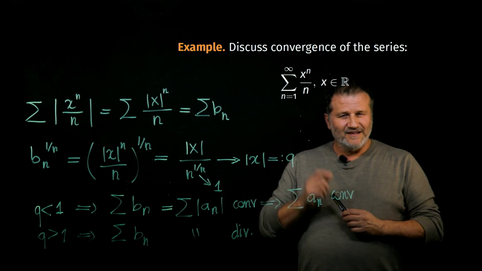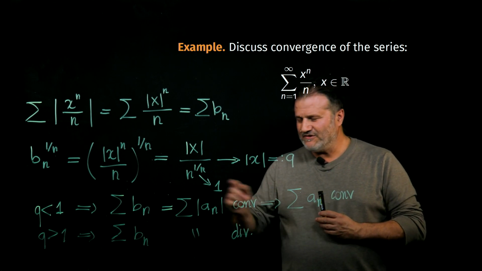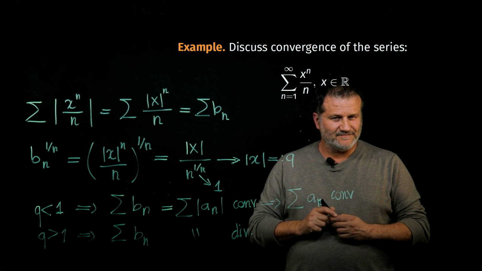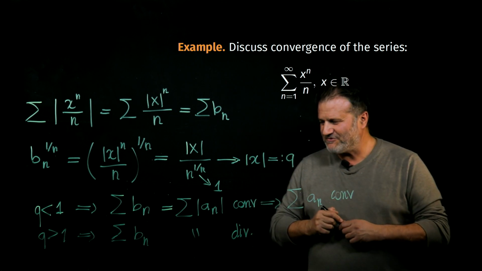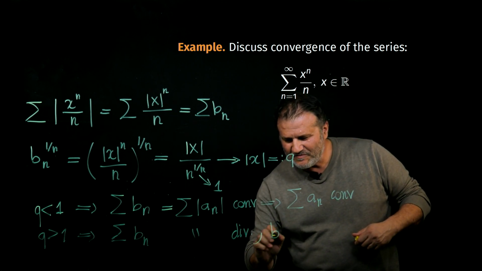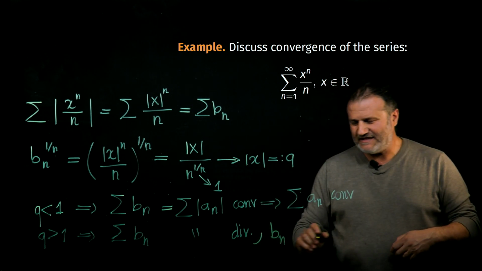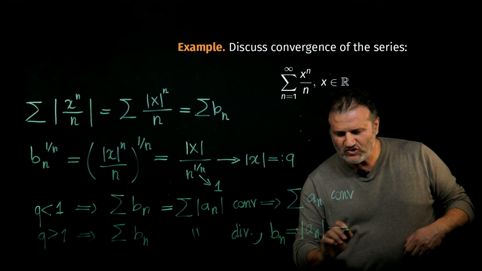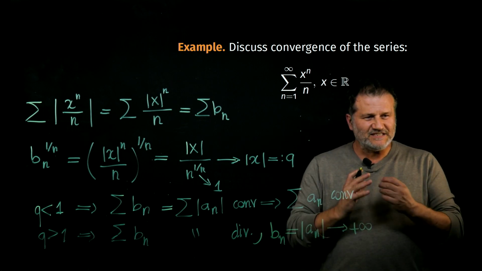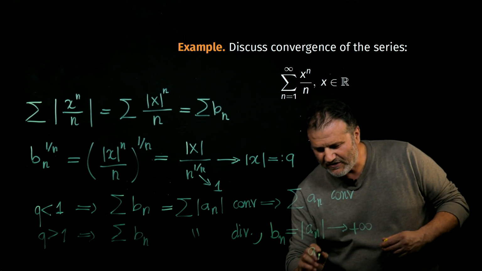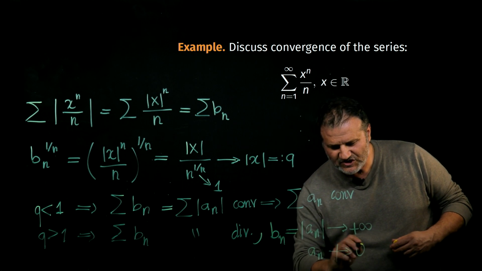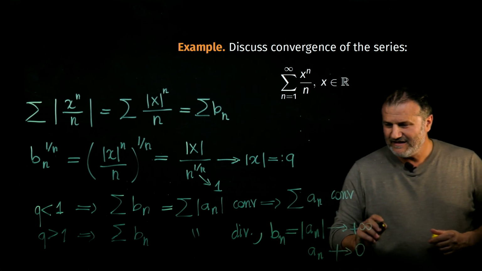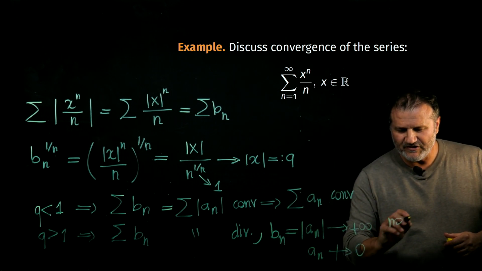However, do you remember anything else that the root test says in the case q greater than 1? Yes, that's right. It says also that Bn goes to plus infinity. Bn is the modulus of an, so this goes to plus infinity, and in particular, it cannot go to 0. So an cannot go to 0. So the necessary condition is not verified, so we have no convergence.